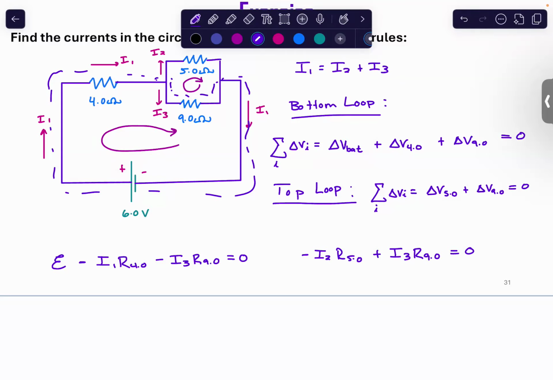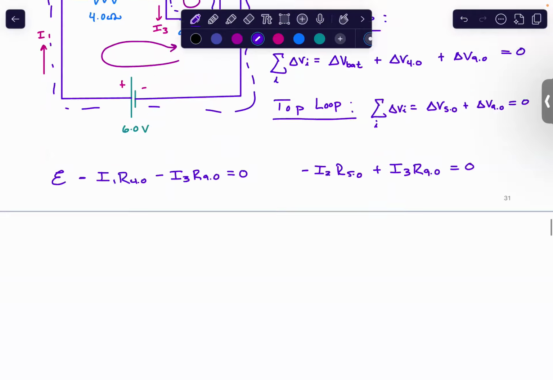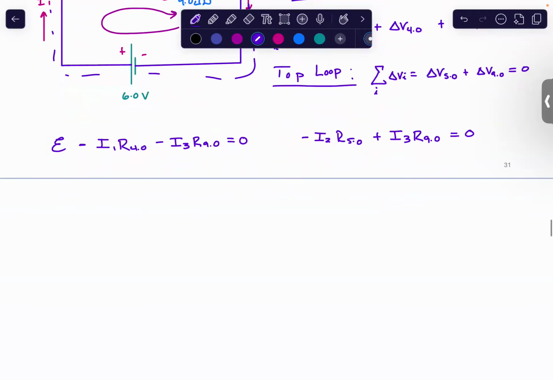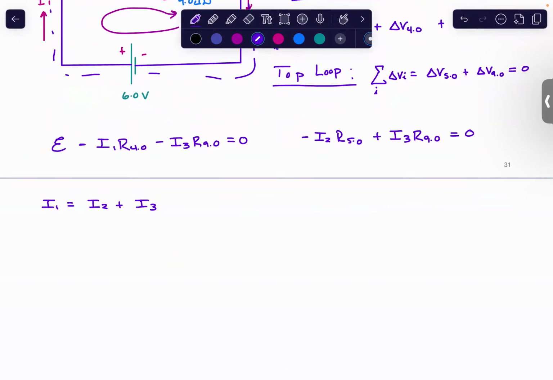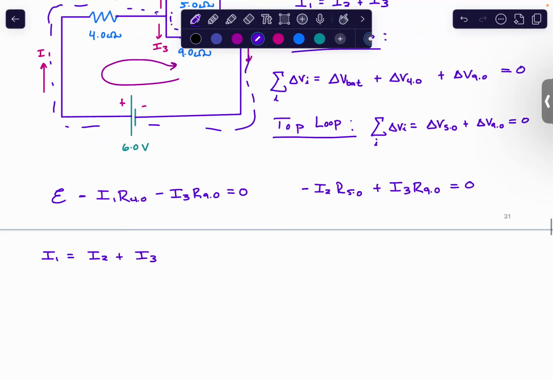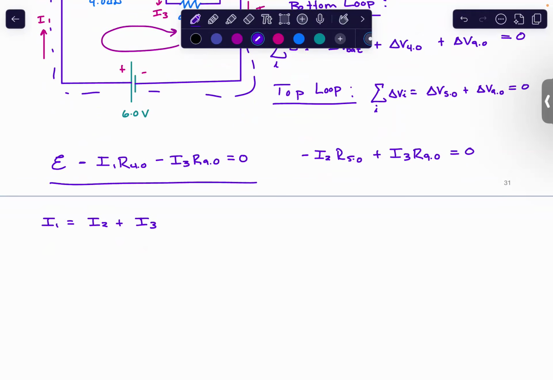Okay, so let's go ahead and put some numbers in and collect our 3 equations that we can use to solve this. So equation 1, I1 equals I2 plus I3. My EMF is 6 volts, so we're going to do the bottom loop now.